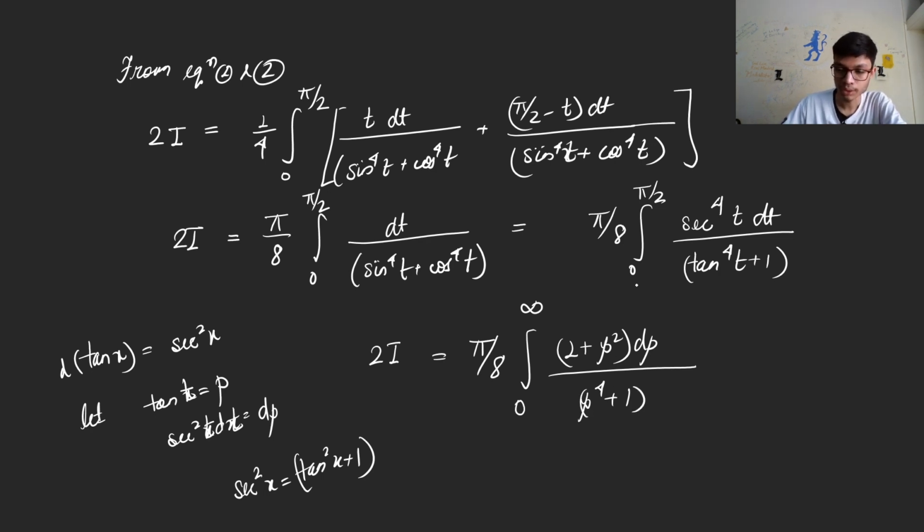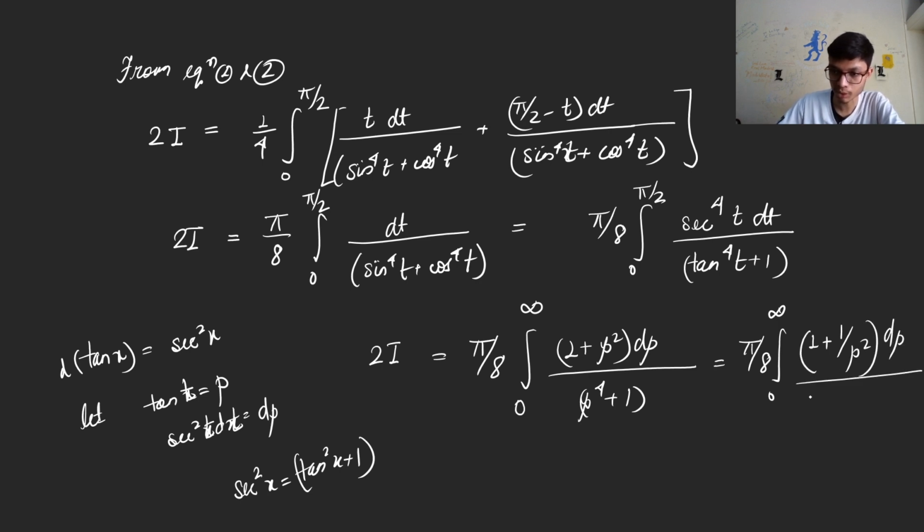Now this particular type of integration falls under one category where you have to take p square common. If you take p square common, this result is going to be pi by 8 times the integral within the limit 0 to infinity, of 1 plus 1 divided by p square, dp.